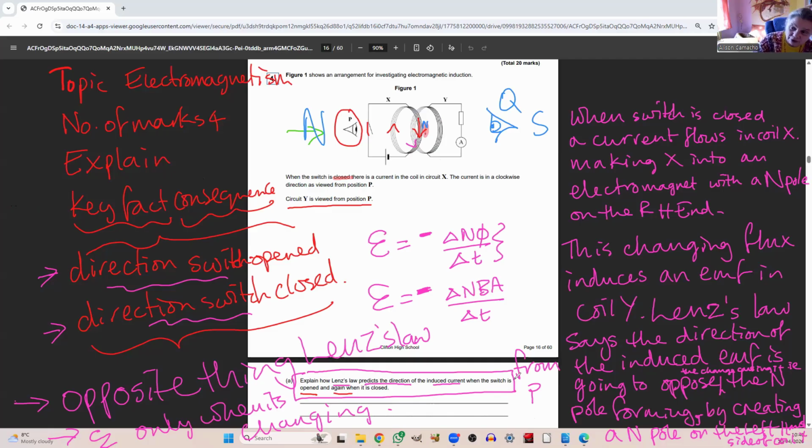But only for a short while. As soon as the field's established, that current disappears. I'm going to clear my drawings. If you wanted to do a screenshot, now would be a good time.